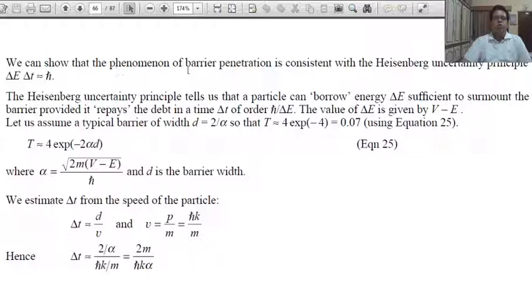Now we can show that the phenomenon of barrier penetration is consistent with the Heisenberg uncertainty principle also. Delta E delta T is approximately h cross.